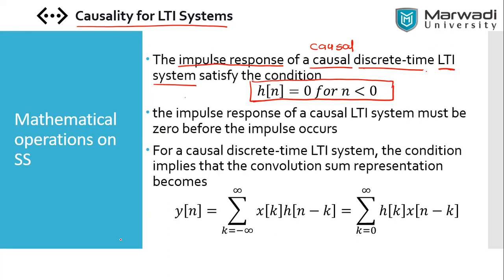That means if the impulse response of the system h of n is equal to 0 for n less than 0, then you call it a causal discrete time LTI system.